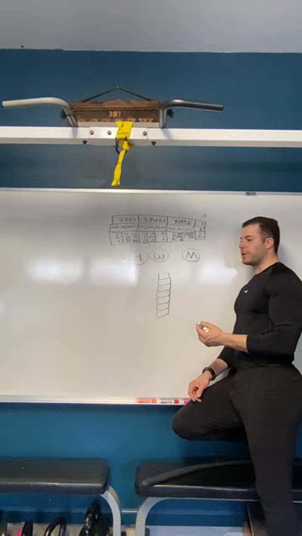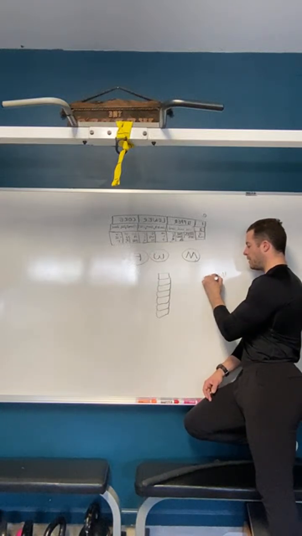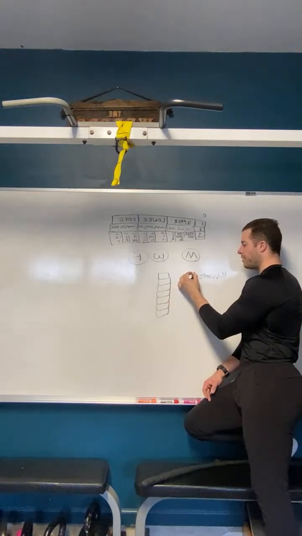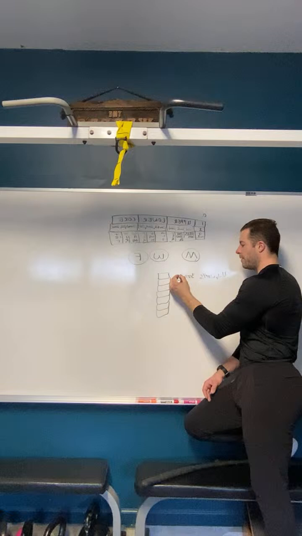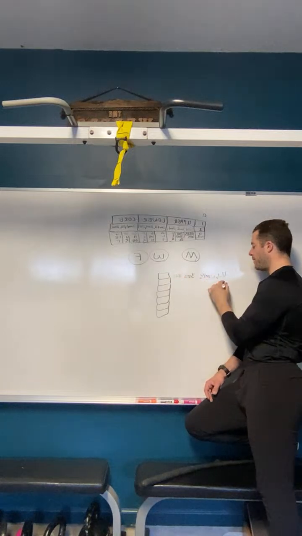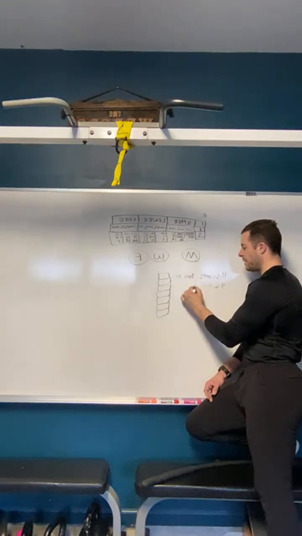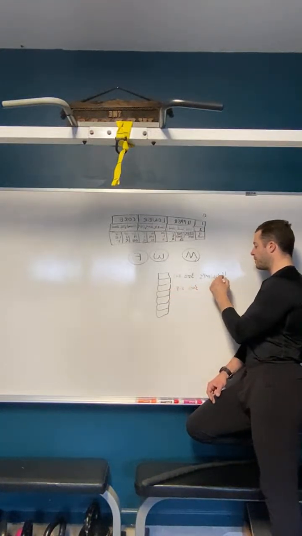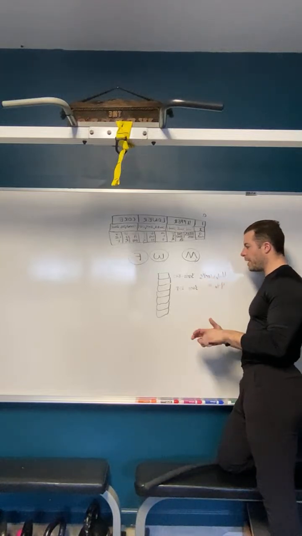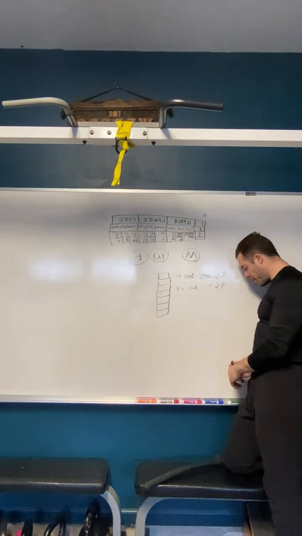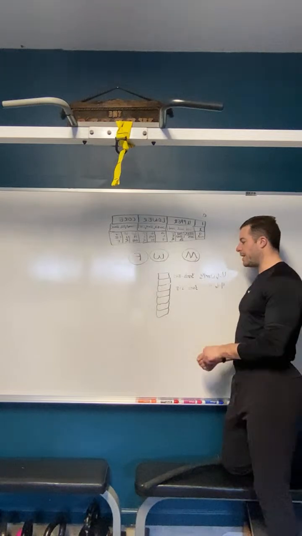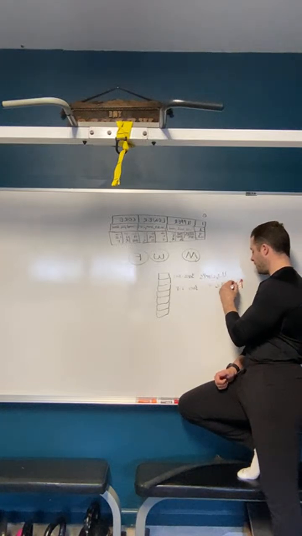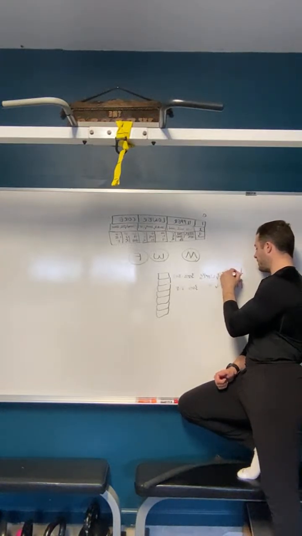So you want to make sure for 4 to 6 weeks, you're doing 3 sets of 8 to 12, and then 4 to 6 weeks, 3 sets of 5 to 8. So every 4 to 6 weeks, you're going from higher reps to lower reps, so that the intensity will shift: higher intensity, lower intensity.